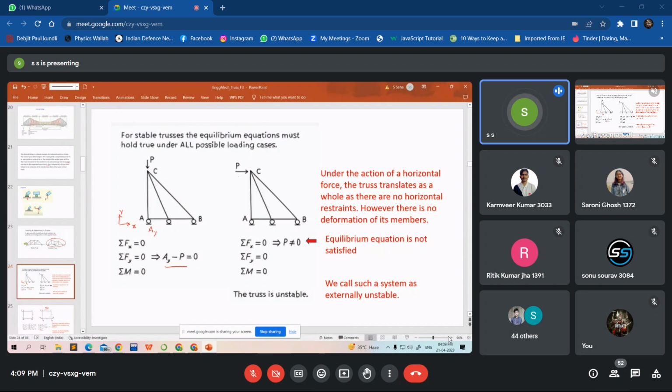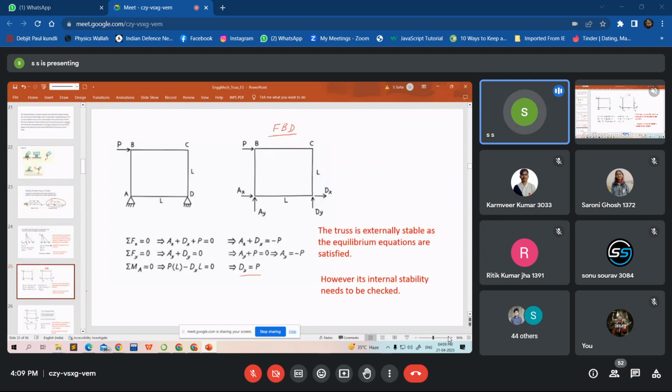Here you have this P, but since there is no resistance, it will have an acceleration in the horizontal direction. But there will be no deformation in the truss because you have this triangular configuration. So this is the condition of external instability, an example where the truss is externally unstable.